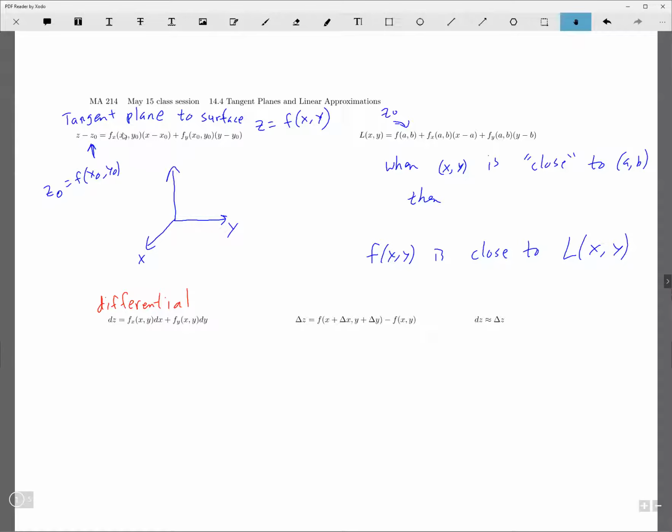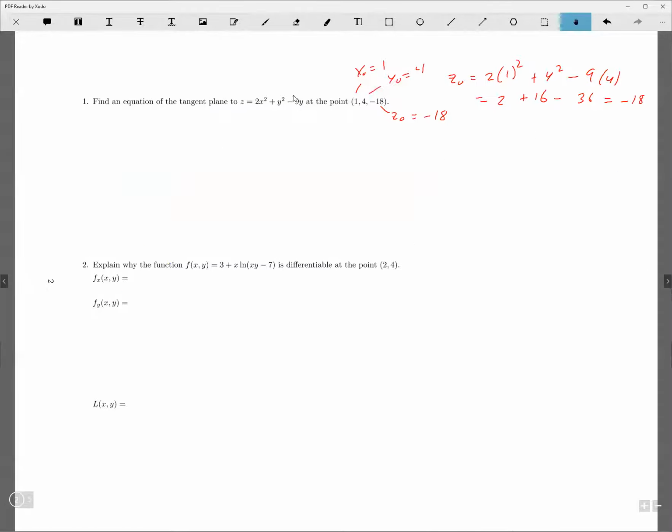Okay, and then we'll evaluate those at x naught, y naught, and then we'll plug it into the formula. All this is like my f of x, y. So partial with respect to x, what's partial with respect to x?